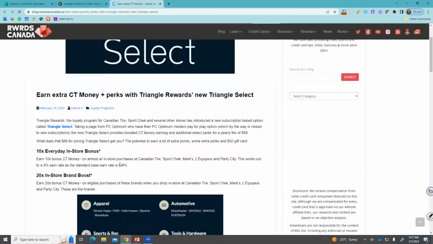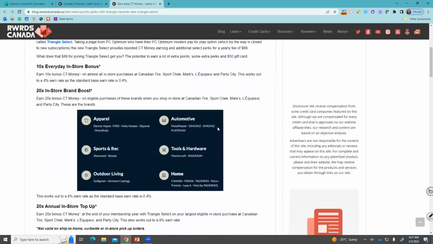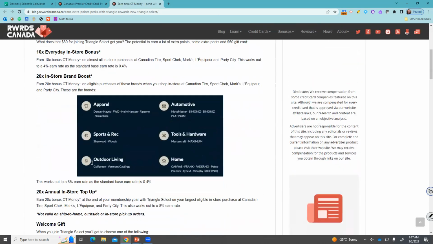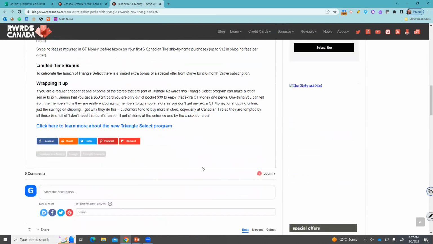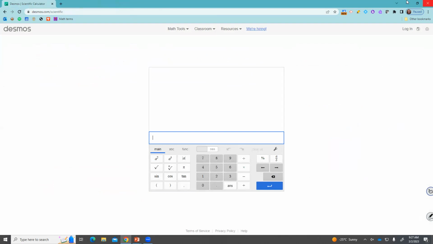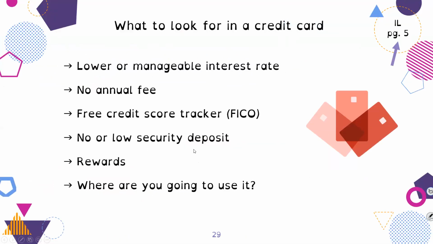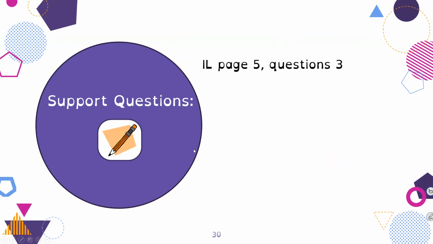And this triangle is Canadian Tire, so it's going to give you some information about the type of rewards that you might get. So doing research is really important in order to figure out what is best for you, because it's going to be different for every person. Okay, so now you can do question number 3 on page 5.